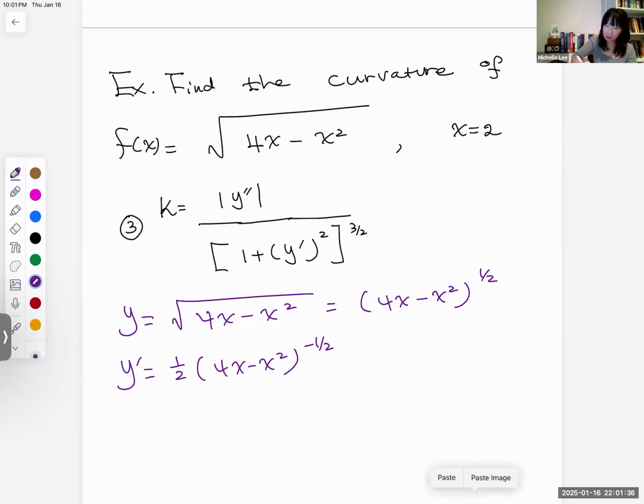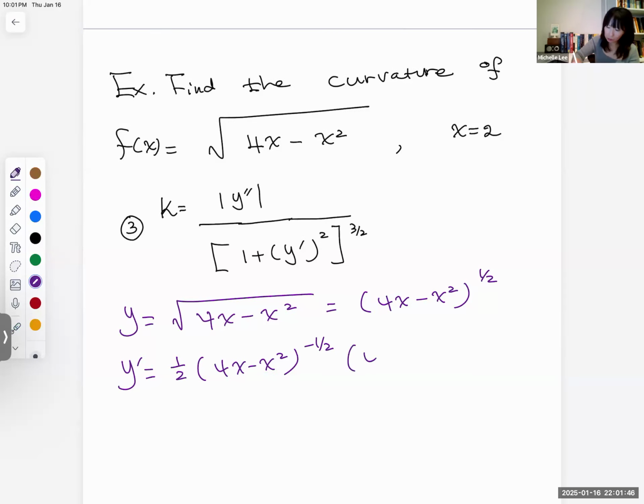Inside, what's the derivative? 4 minus 2x. Let's simplify: 2, 2, 1.